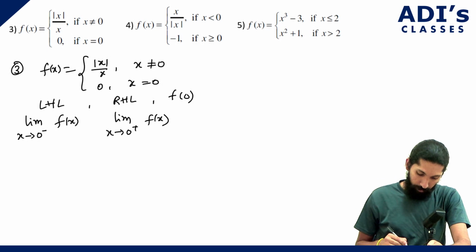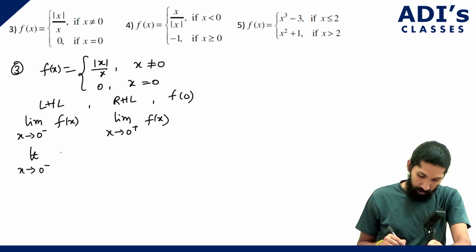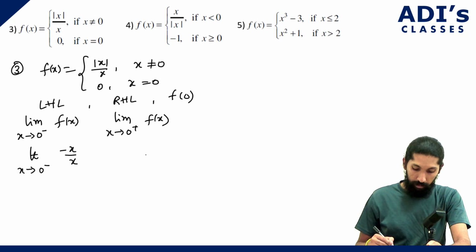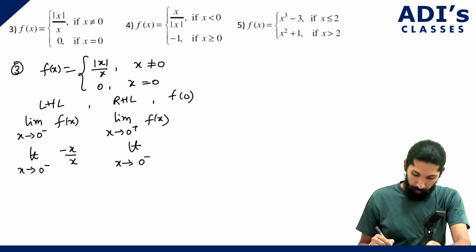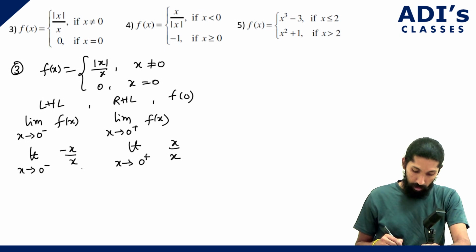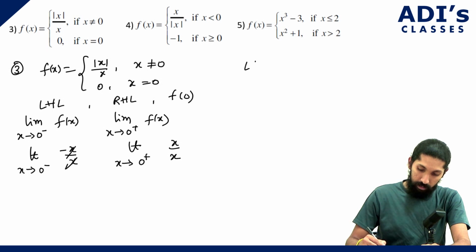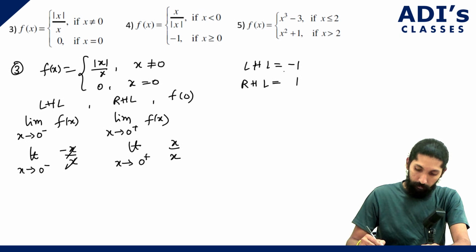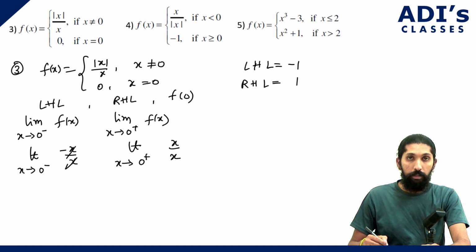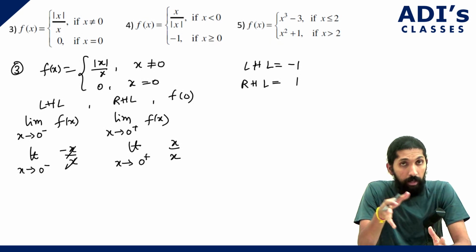So what we are going to get, limit x tending to 0 minus of minus x by x, and RHL is going to become limit as x tending to 0 plus x divided by x. So left hand limit LHL becomes minus 1 and RHL becomes 1, isn't it? So LHL is minus 1, RHL is 1.